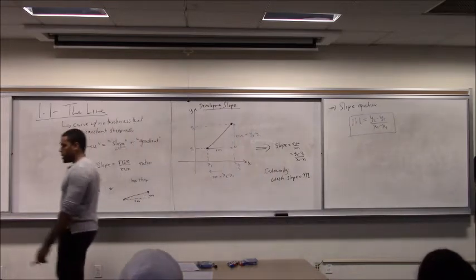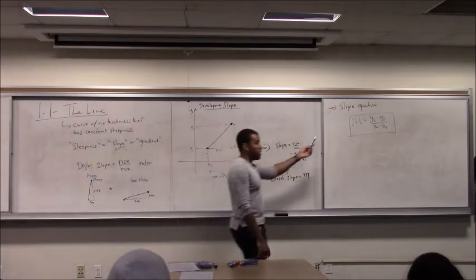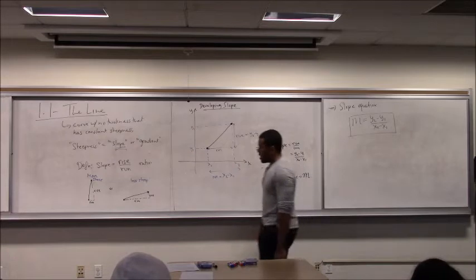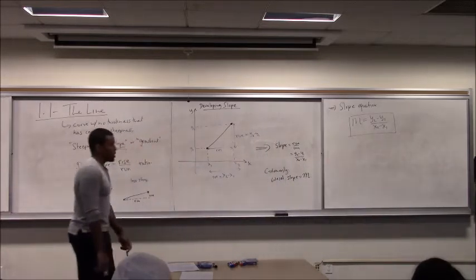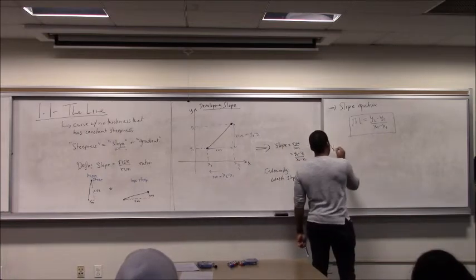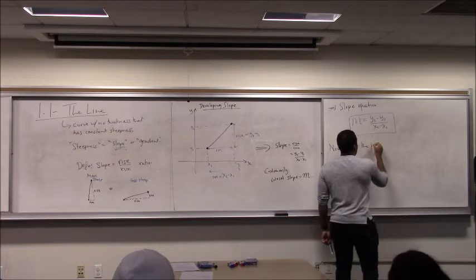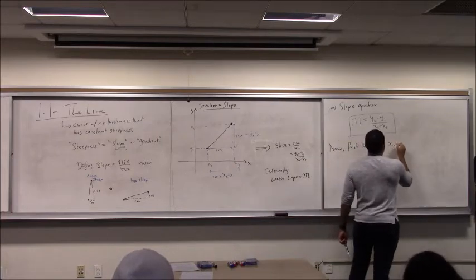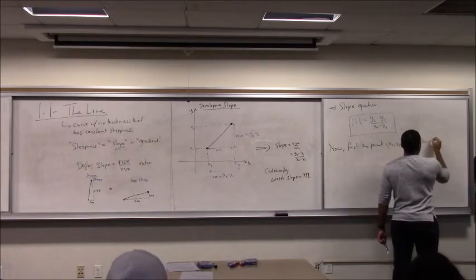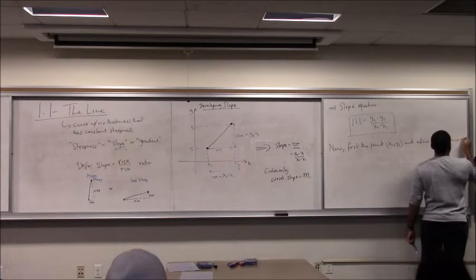So we visualize an object that has constant steepness. By using a ratio to describe steepness, we can develop this equation. Now, our goal is to find what the actual formula for such a curve would look like. So what we do now is fix one point and allow the other point to vary, right?